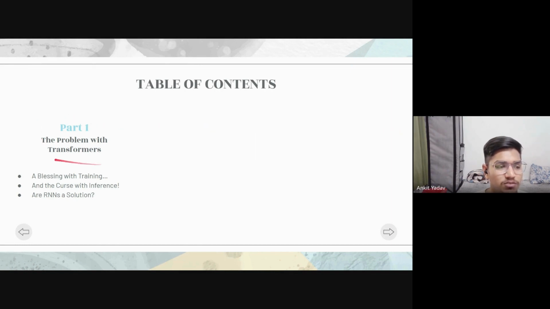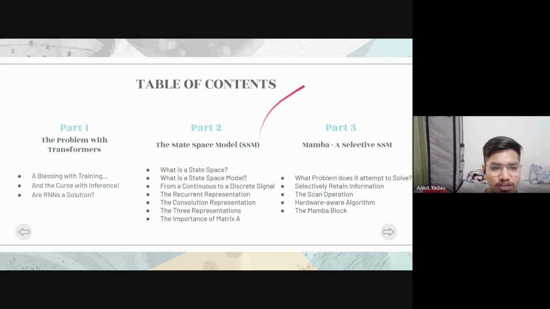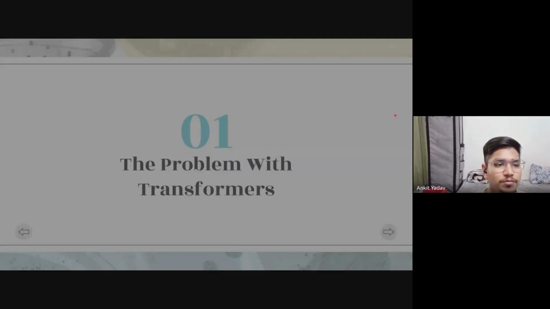Firstly, the issue we are having with transformers, which is why we moved to Mamba. Then, what basically is a state space model, and how the state space model is involved in Mamba. So this will be the flow of today's presentation.